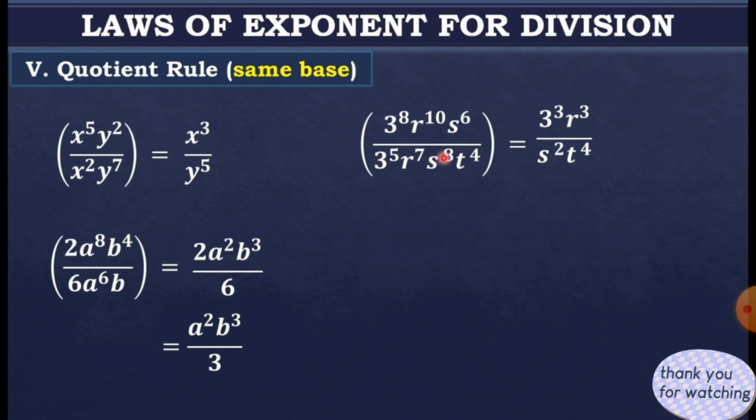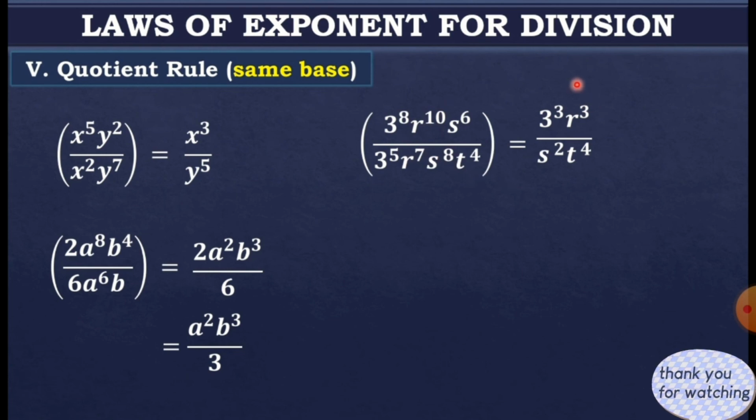The same with s. When I subtract 8 minus 6, it's 2. But since mas malaki si 8 sa denominator kaysa ni 6 sa numerator, nilagay ko si s square sa denominator. For t to the 4th, or t raised to 4, just simply copy kasi walang t sa numerator.